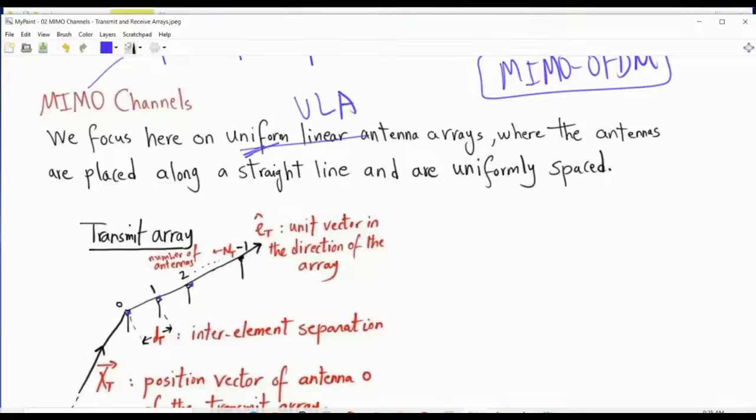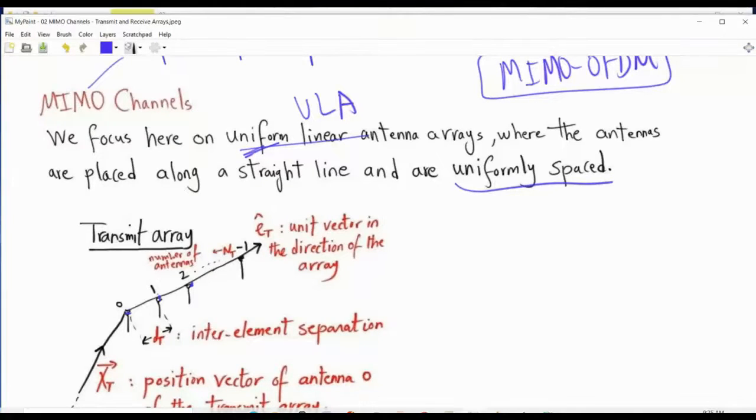Uniform means that you don't just put them on a line. The distance between two neighbors is the same. Okay, so the separation, the distance between antenna 0 and antenna 1 is dt, the distance between antenna 1 and antenna 2 is dt, and so on and so forth. So they are uniformly spaced. Okay, can you make the spacing different?